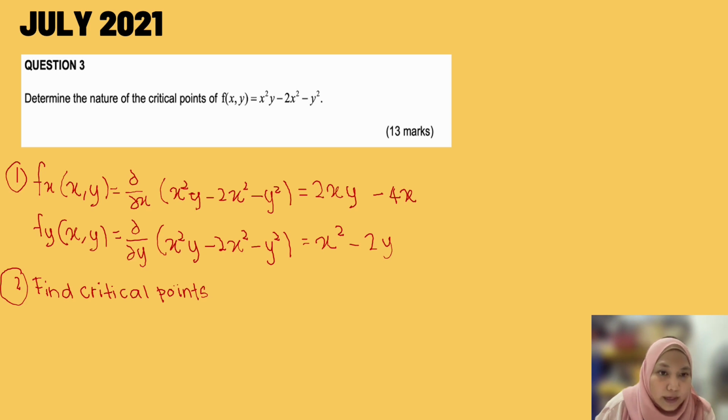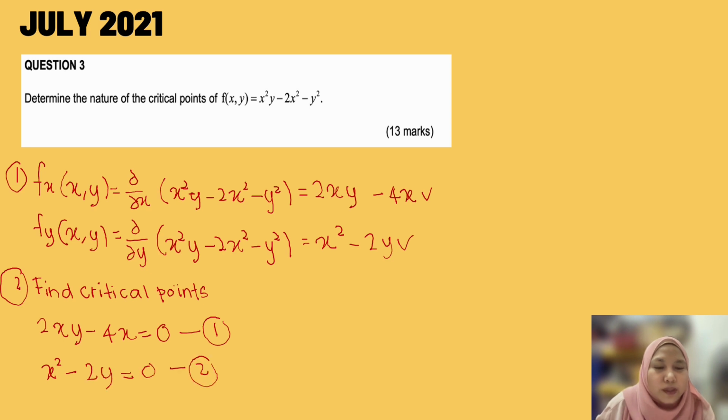We have 2xy minus 4x equals to 0. So this is our first equation. And then this one is our second equation. x squared minus 2y equals to 0. This is our second equation. So now we will solve these two equations simultaneously.